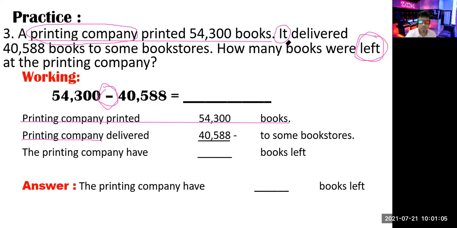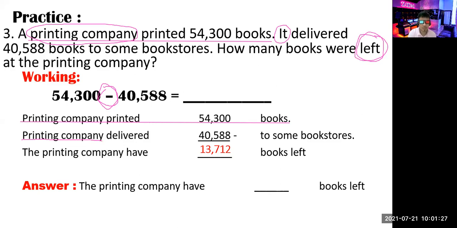So we will subtract now. If we subtract these two numbers, we subtract 40,588 from 54,300. The answer here is 13,712.